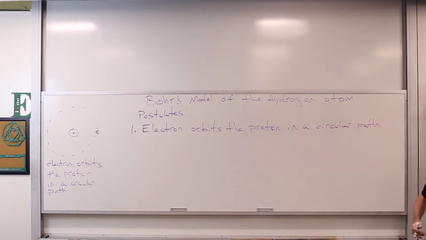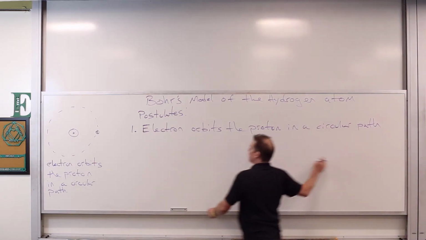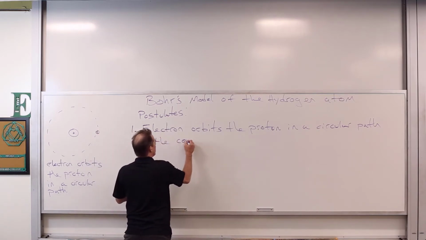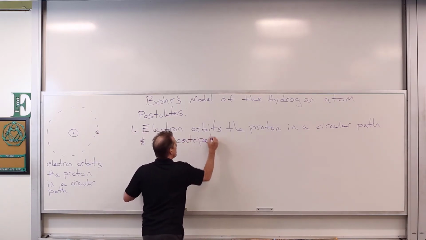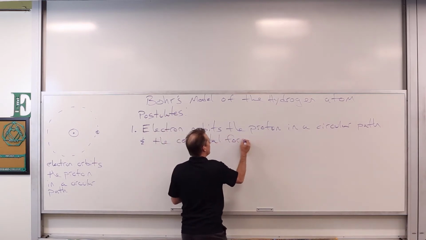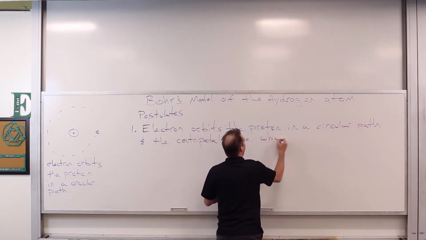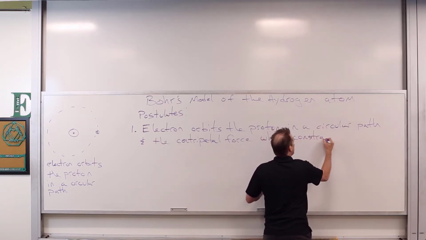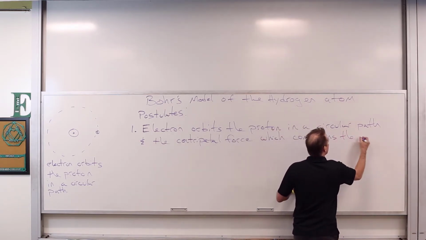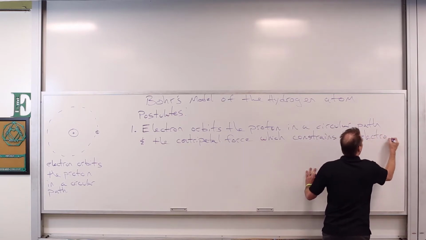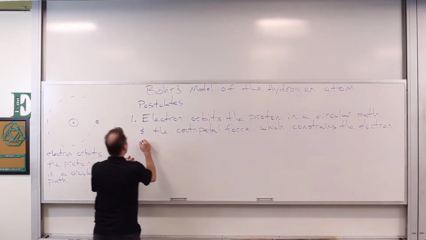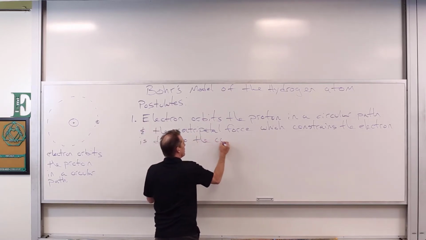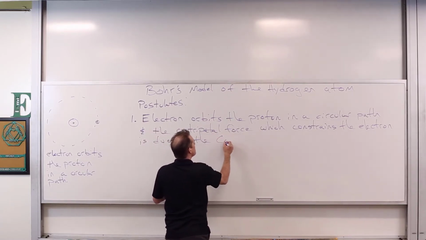And centripetal force, which constrains the electron, is due to the Coulomb force of interaction.